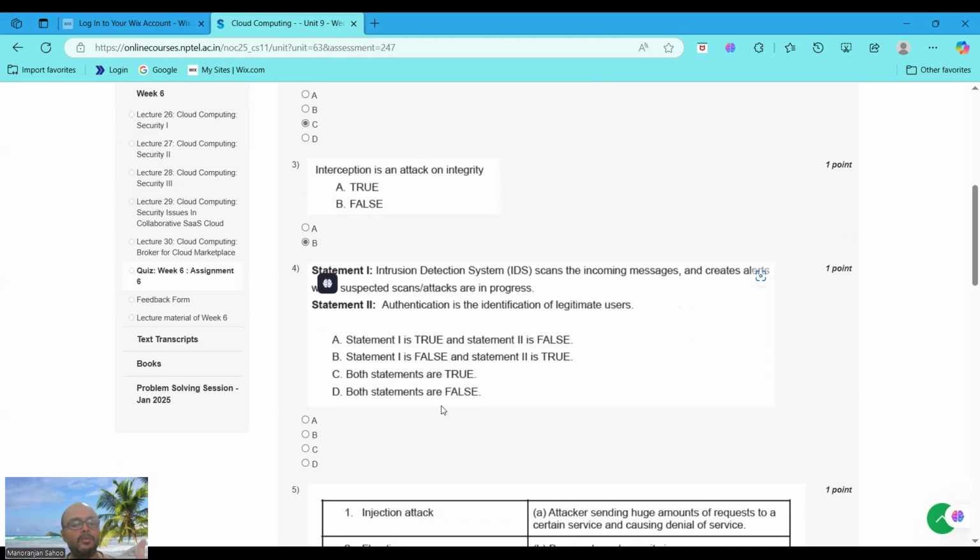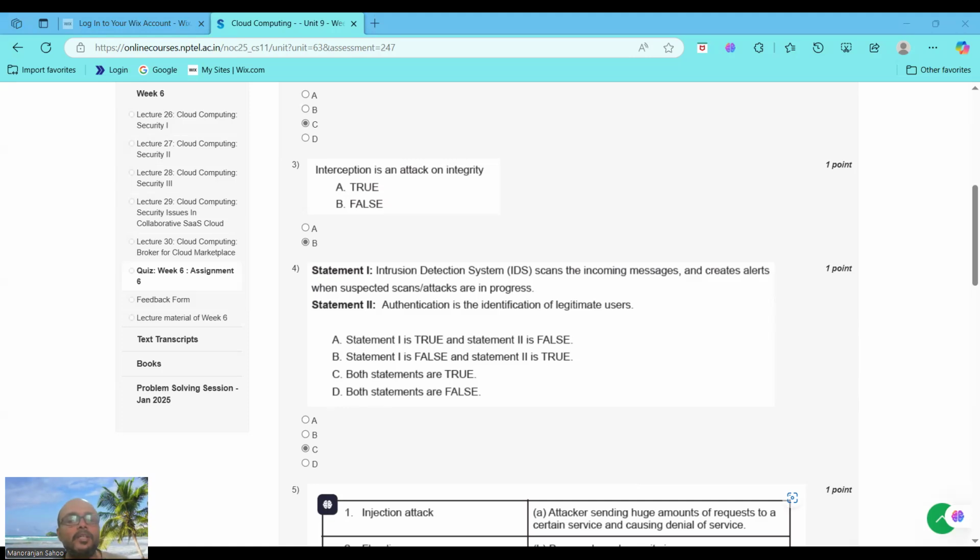Statement 1 and statement 2 are given. Statement 1: IDS, the intrusion detection system, scans the incoming messages and creates alerts when suspected scans or attacks are in progress. Statement 2: authentication is the identification of legitimate users. Here we can consider both statements true, and we can make a detailed analysis of that.